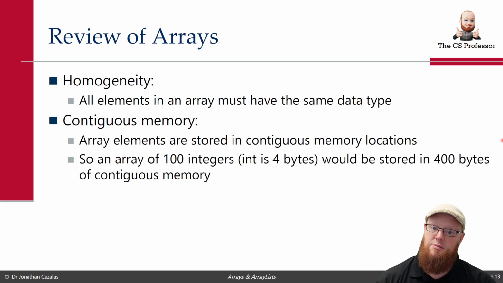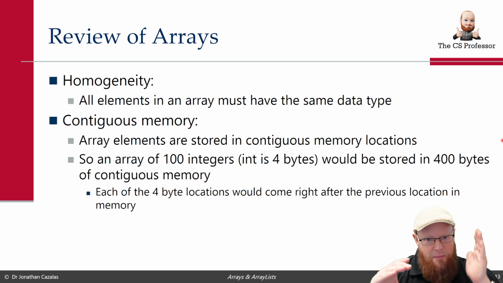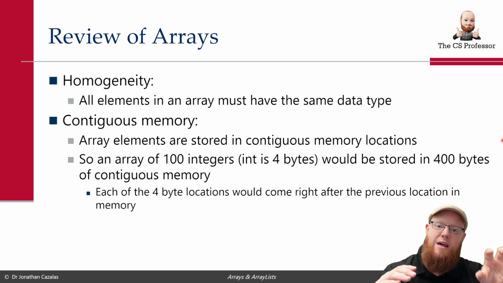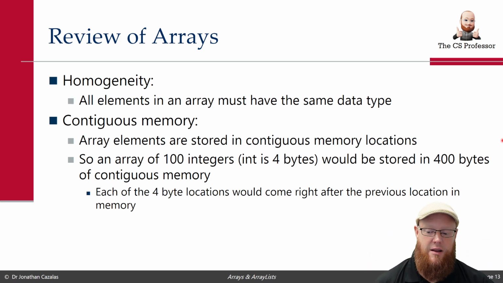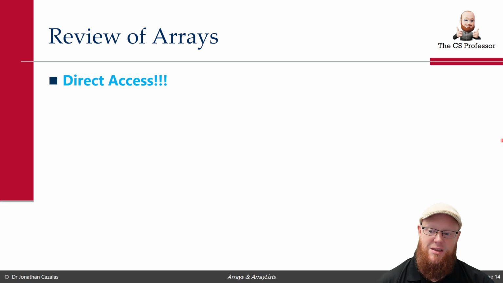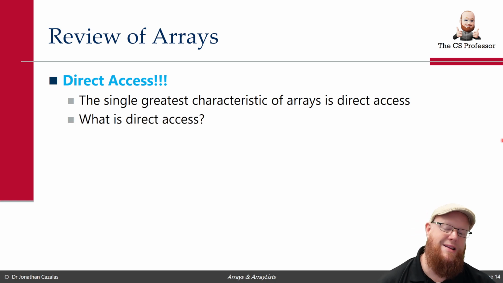Sure, 100 times 4, 400. Java will allocate for you 400 bytes of contiguous memory, back to back to back. Every set of 4 bytes is right next to the previous set of 4 bytes. That is contiguous memory.